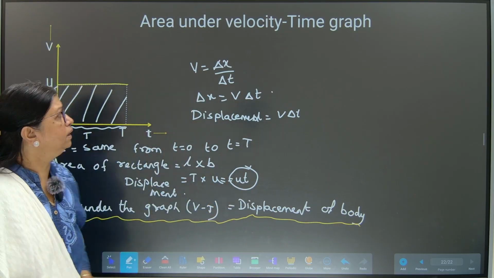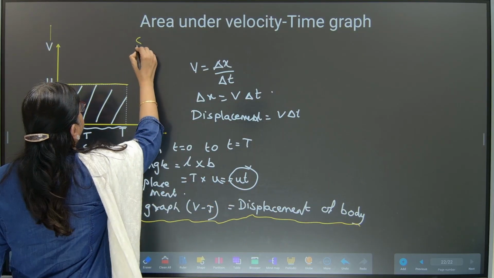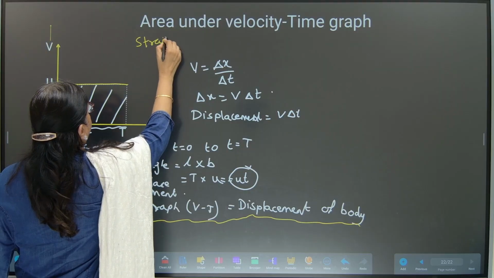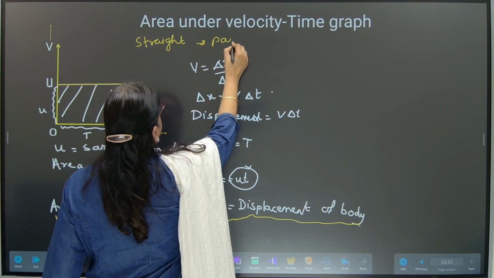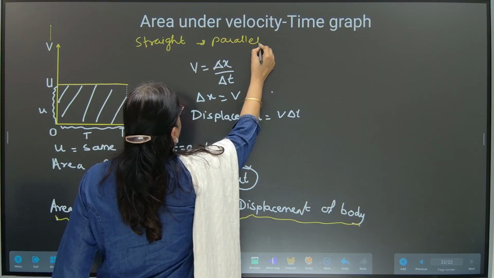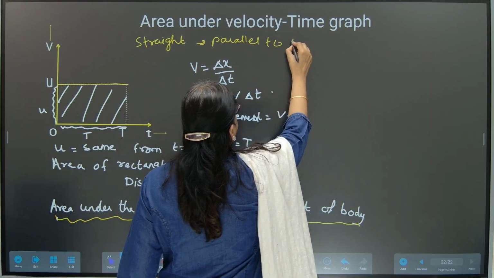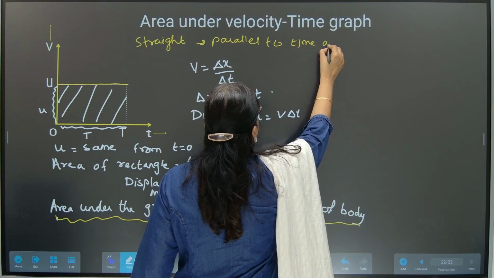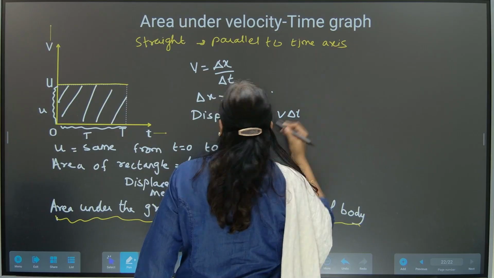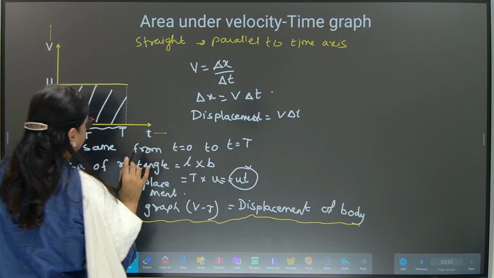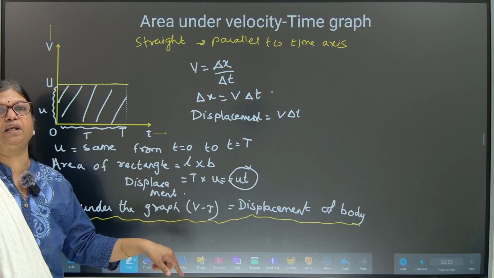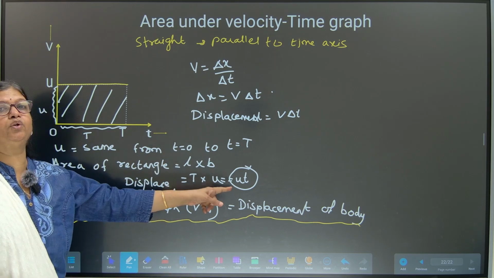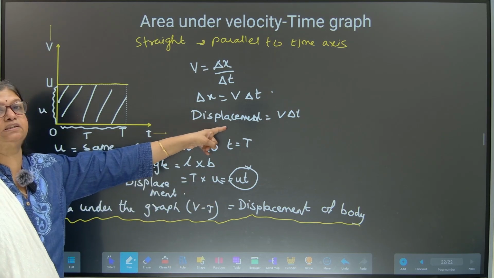We got a straight line parallel to the time axis, and then we closed the figure and converted it into a rectangle. We found the area of the rectangle, which is ut, which is given to us as displacement.